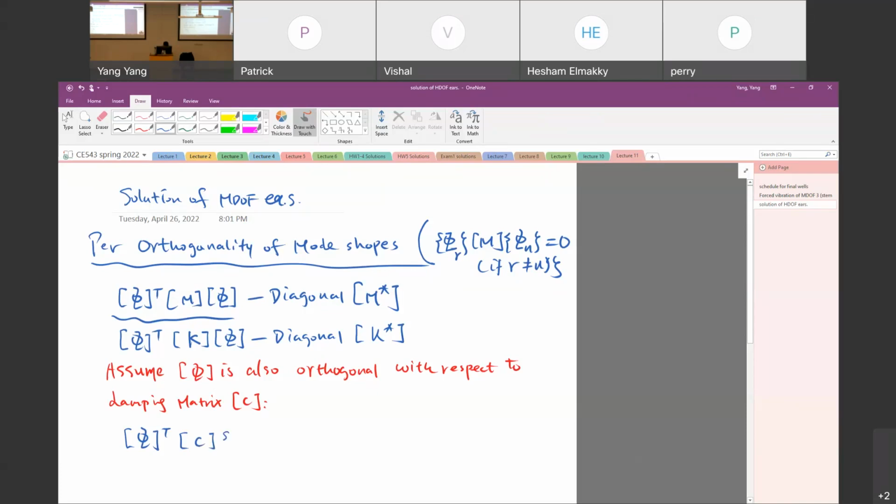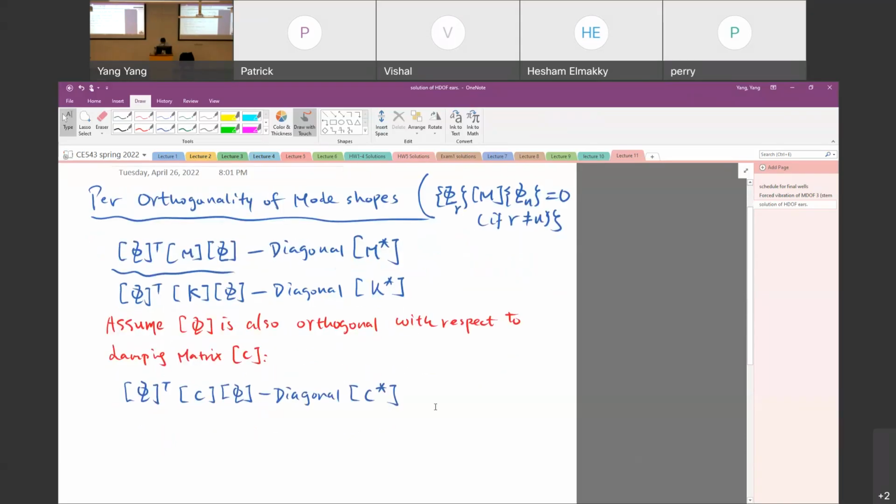Phi transpose, mass, stiffness, and then the damping matrix fits here.